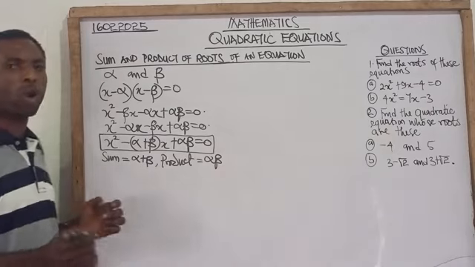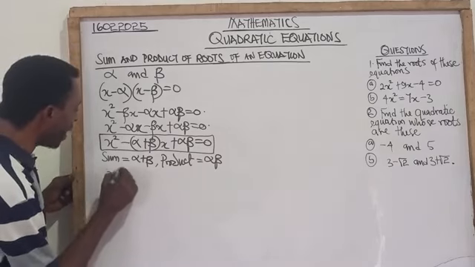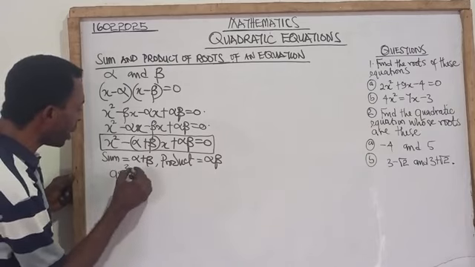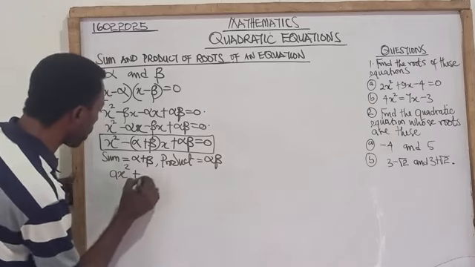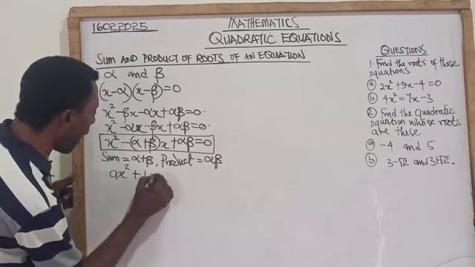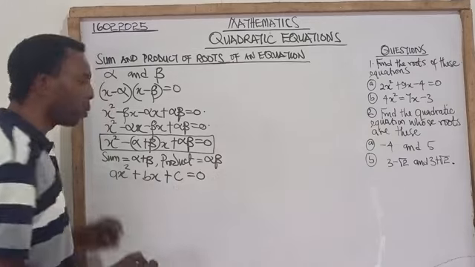We now introduce the quadratic equation pattern, which says ax squared plus bx plus c equals 0.